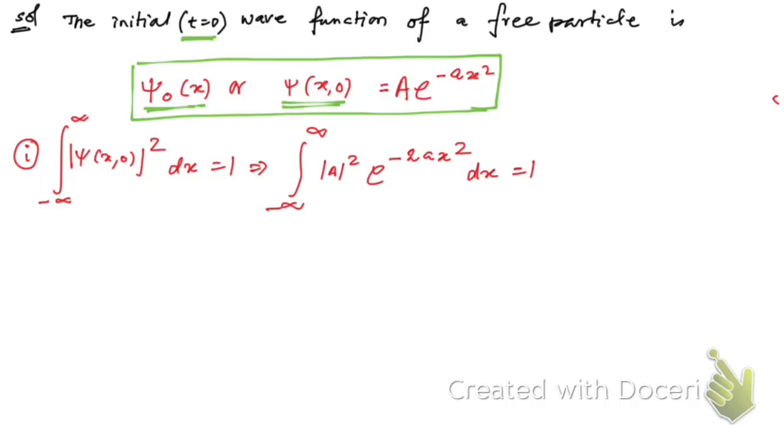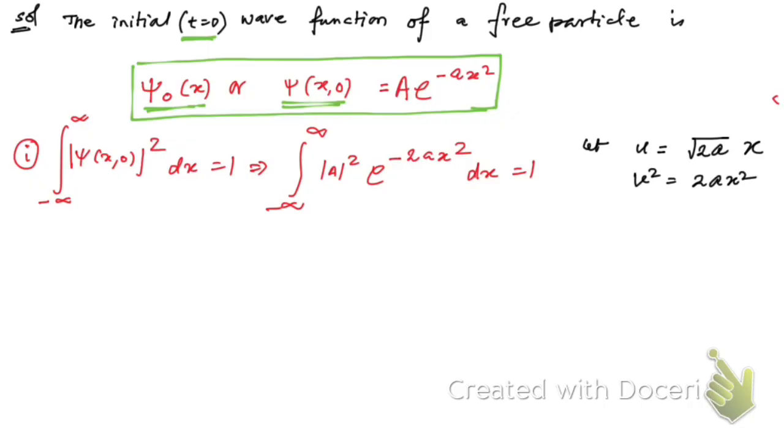So now here you see, let us put that u is equal to square root of 2a, then into x, so that we get u square is equal to 2ax square. So we are going to replace this by u square, right? Hope you have understood this.